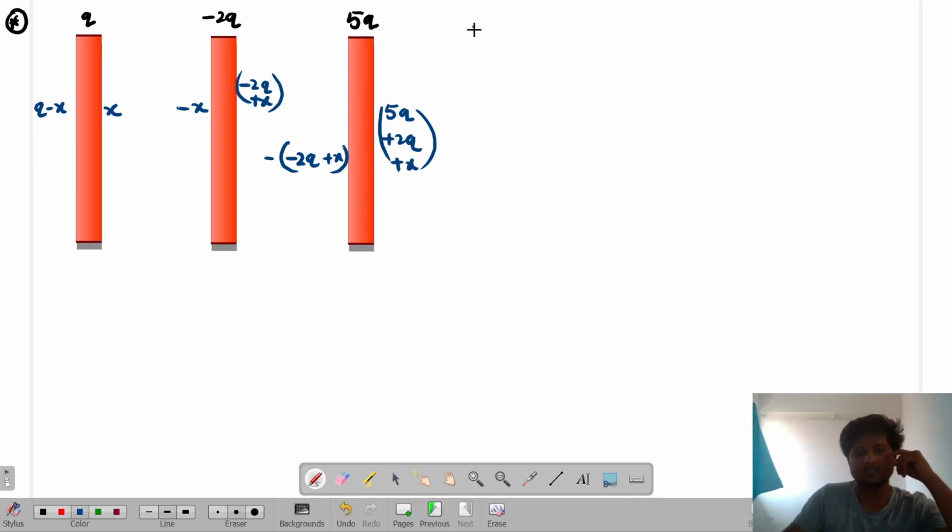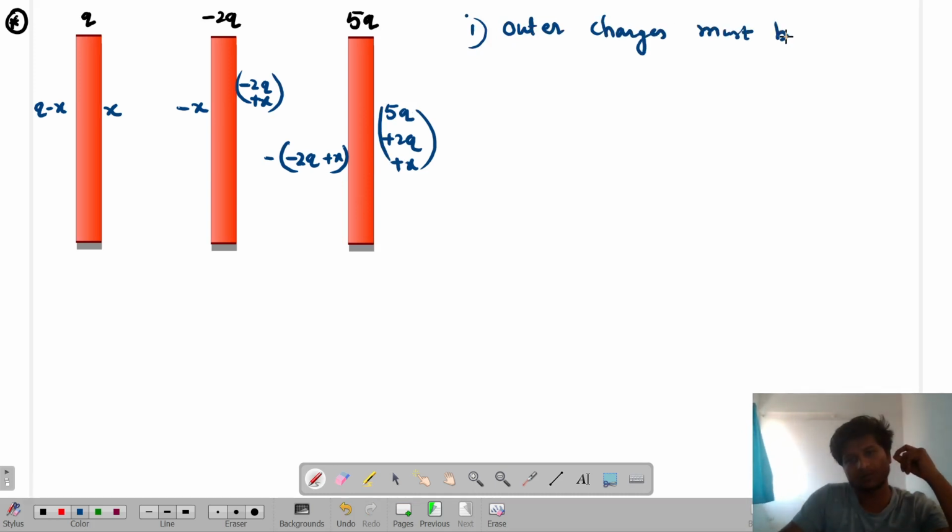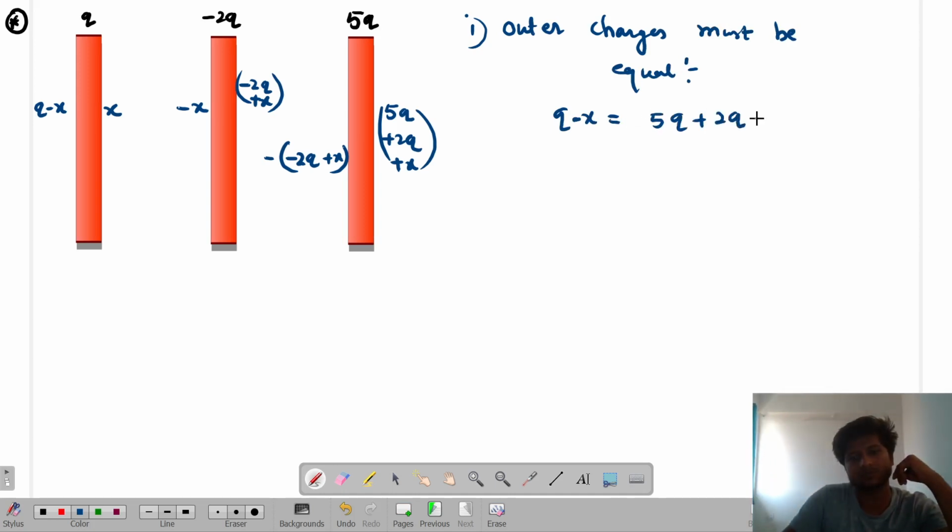So now, first step is the outer charges must be equal, so that means Q minus x. So this will become minus 2x is equal to 7Q minus Q, which is 6Q.